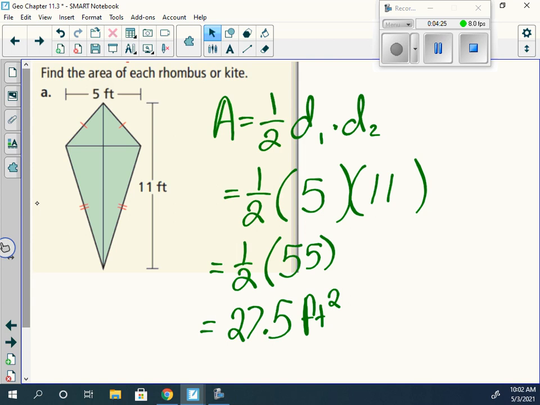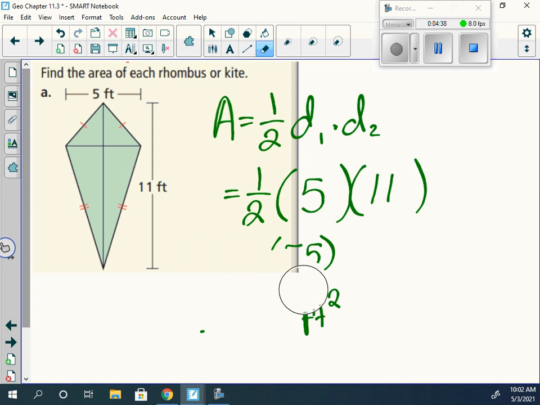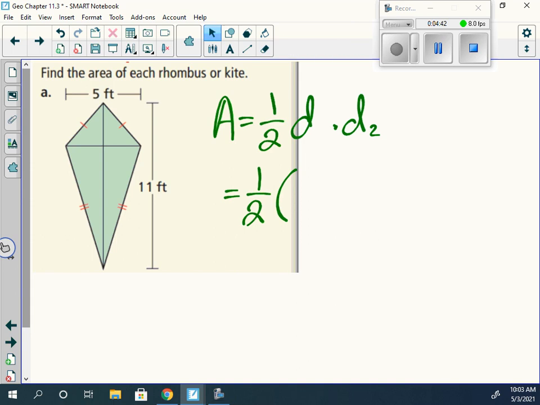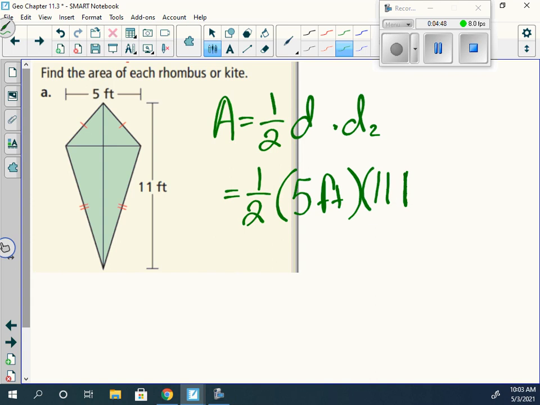Does anybody know why we call it feet squared, or we say these units are square? Besides, that's what we do for area. Y'all know the reason why? Well, I'm going to rewrite this. Because our two diagonals are what? One of them is not just 5, but it would be 5 feet. The other one is, well, we'd have 1/2 of, well, 5 times 11, as we already said, is 55, yes?